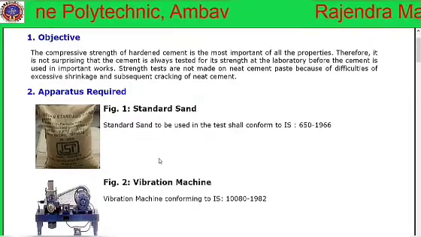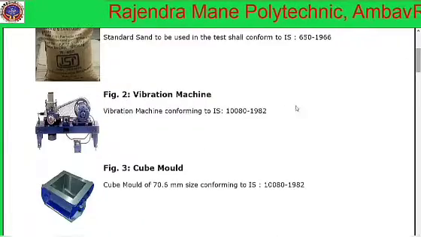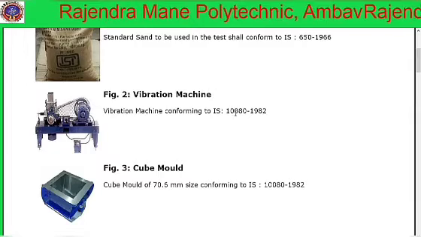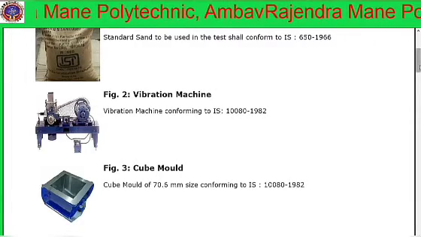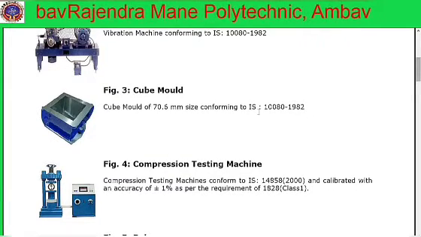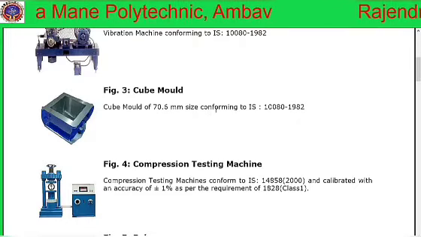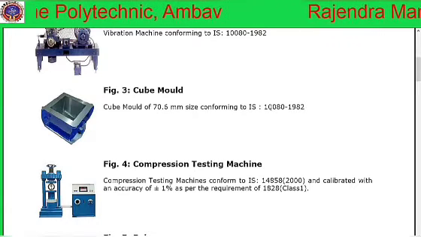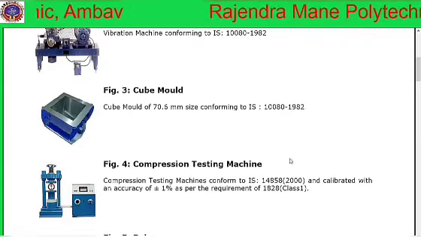Apparatus required for this test are a vibration machine, conforming to IS 10080 1982. Then we require a cube mold to form a cube of mortar. So a cube mold of 70.6 mm size conforming to IS 10080 1982 is required.